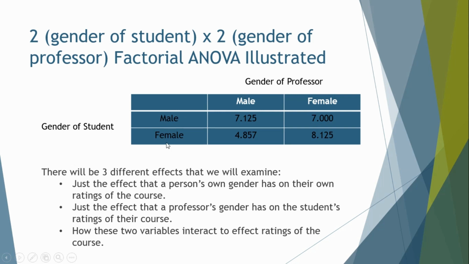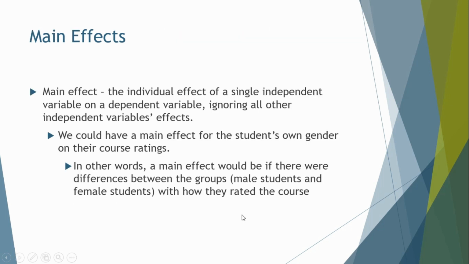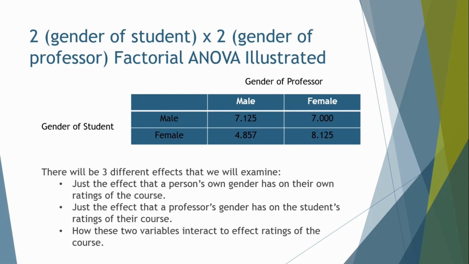So this would just be an effect of the gender of the student. Or maybe overall, regardless of the gender of the student, there's just an effect of the professor's gender. So maybe overall, female professors tend to get rated higher than male professors, and it doesn't even matter what the gender of the student is, okay?